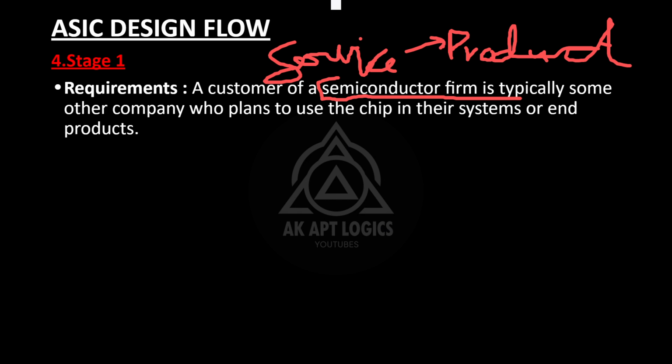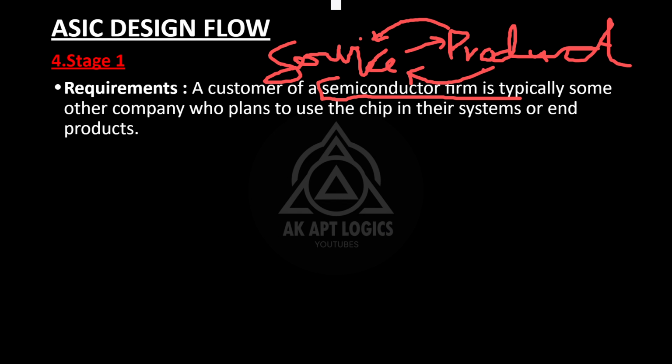Product based companies will assign some of the work needed in their project, like design the code, verify it and give it to me. Those works are assigned by the product based company to the service based company. Then the service based company does the work and gives it to the product based company.